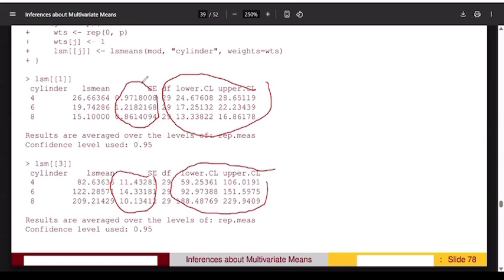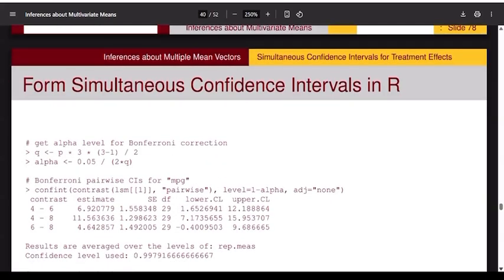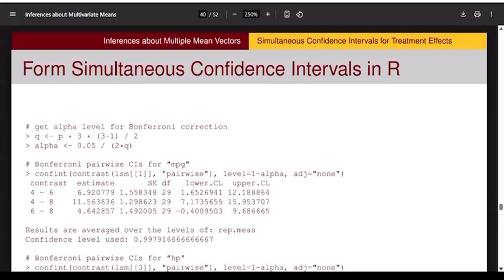Now, if you want to look at it from this angle, please pay attention. Maybe I've conducted a multivariate analysis of variance where I've simultaneously looked at the effect of cylinder on multiple dependent variables.